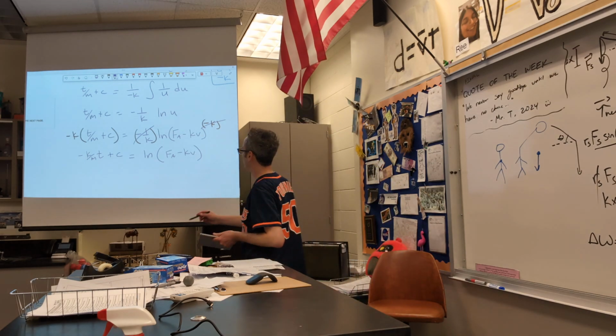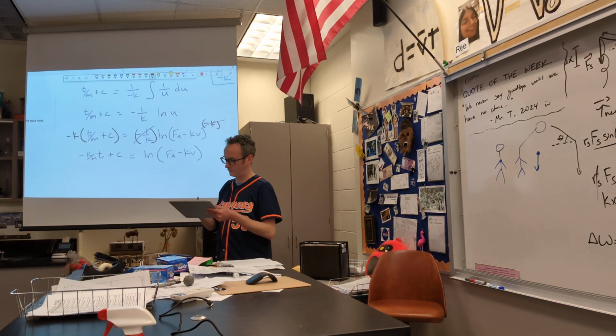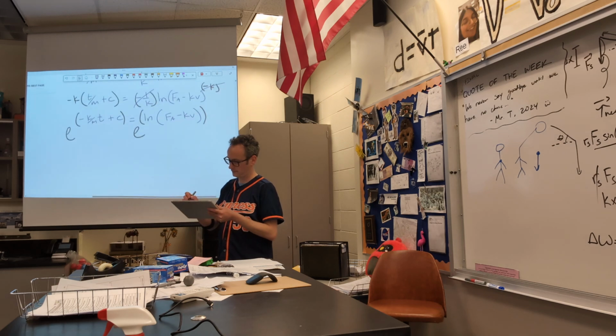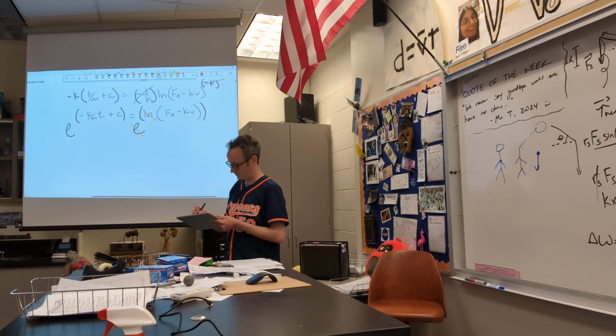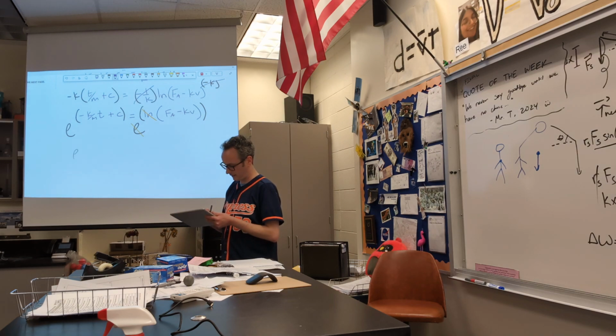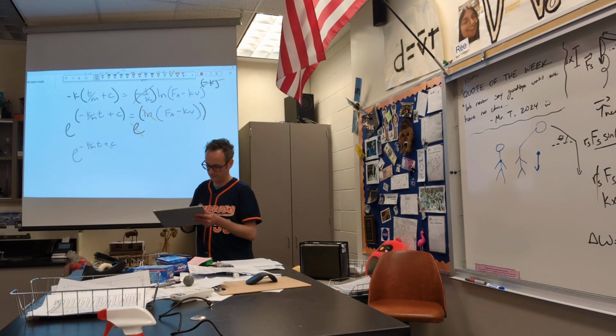And then I got to undo the natural log. So I'm going to take the exponential of both sides. This cancels. And then I get e to the negative k over m t plus c. But remember, you can write that as multiplied by e to the c.